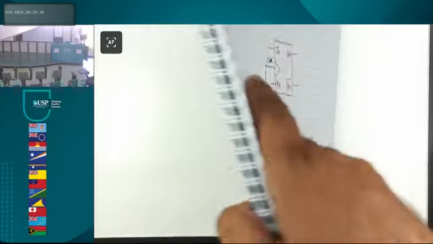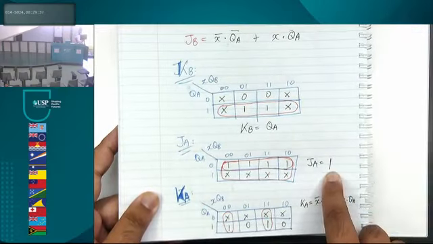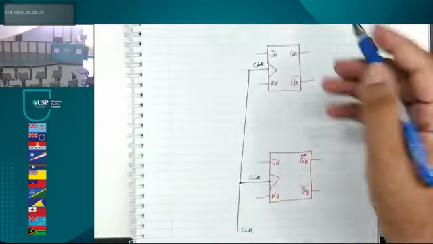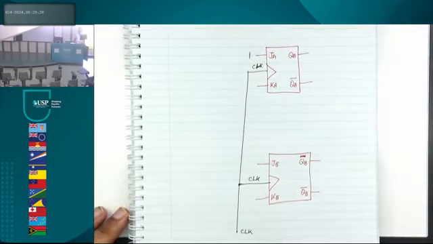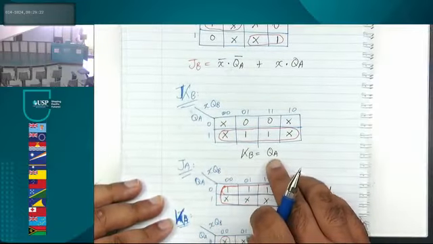All right, let's look at our equations. JA equals 1. All right, nice. I'll just put a 1 over there. Everyone happy with that? Now next one. KB is equal to QA.